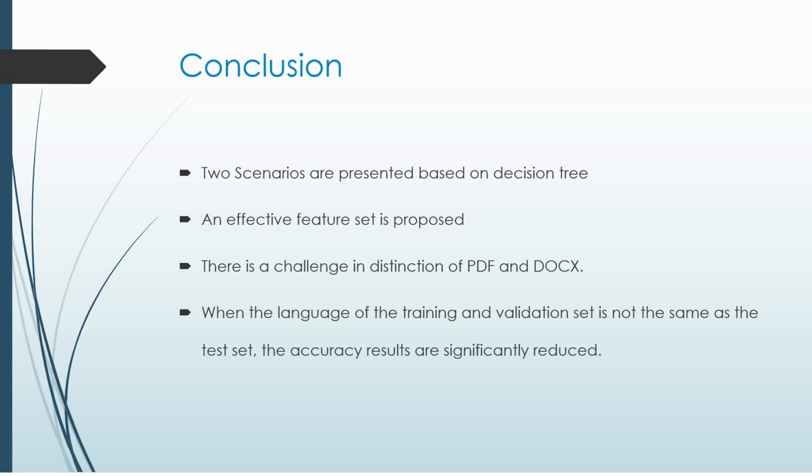The main result from this paper is that when the training and validation set are not the same as the test set, with same we mean context, their accuracy results are significantly reduced. That should be investigated in future work.